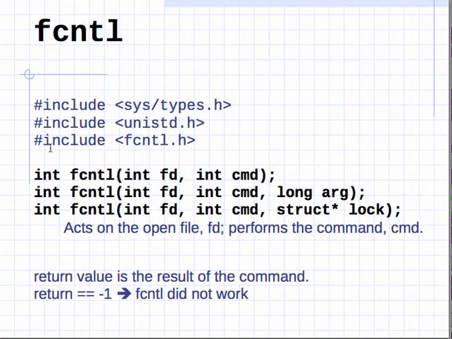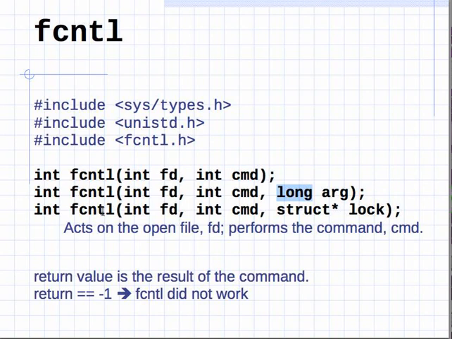After that, we can call fcntl with the first parameter being the return value of open or create. And then the second parameter would be a command, and it's overloaded. You can have other parameters, such as a pointer to a struct. Well, we'll talk about structs in just a second. Or you can pass in a long argument.